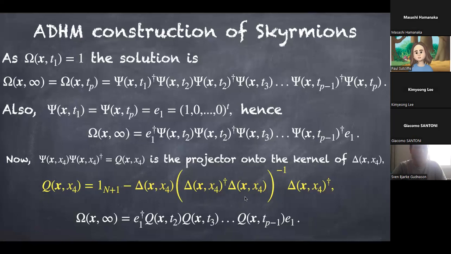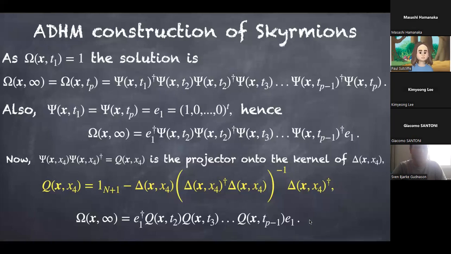But it's just linear algebra, so I can explicitly read off Q given the ADHM data. It's just evaluating ADHM data somewhere. That gives me the Q. And so my omega that I'm interested in is just a product of Qs that I can read off explicitly from the ADHM data. And so this looks like a good numerical scheme.